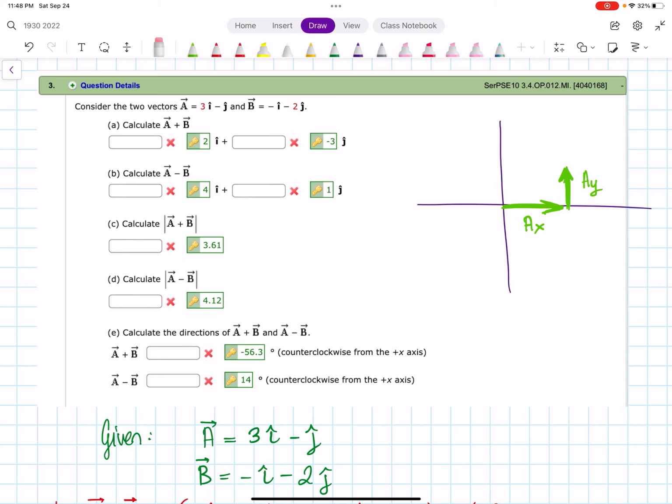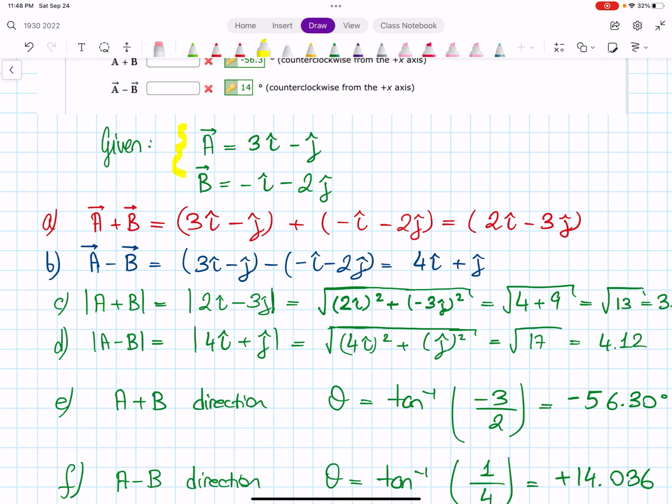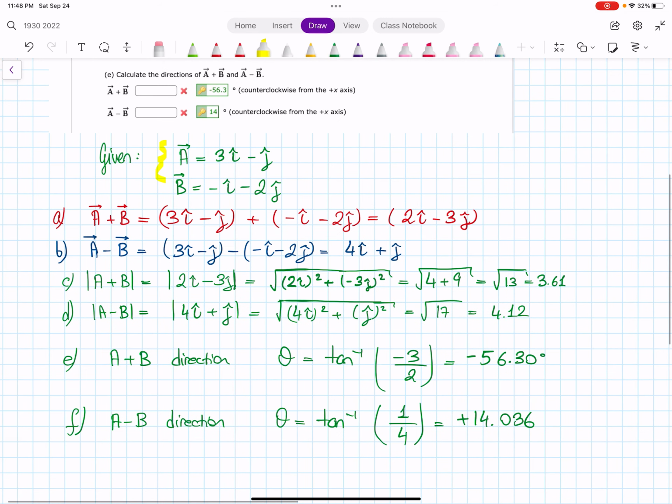Now, the question is asking you, part A, calculate A plus B. How can you calculate A plus B? You write down the given information. Since we are given the components, you just take each component and sum them up.